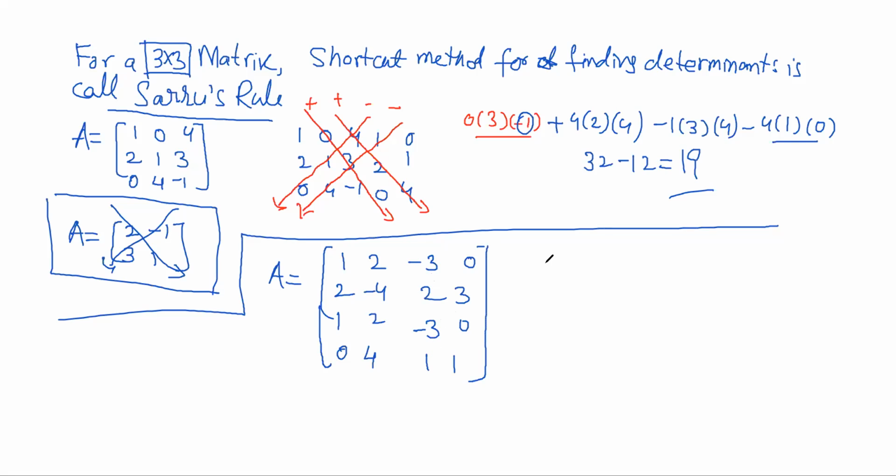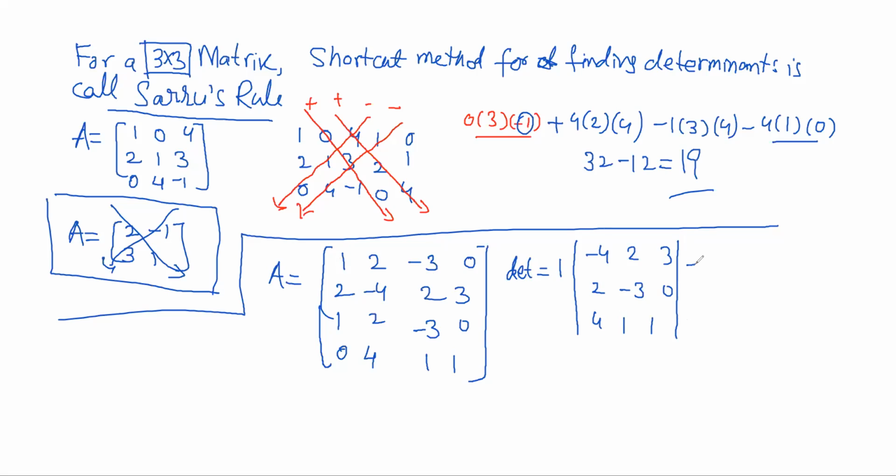And we can find its determinant by the cofactor method, something like this. So it will be 1, and its minor will be minus 4, 2, 3, 2, minus 3, 0, and 4, 1, 1. So that will be its minor.